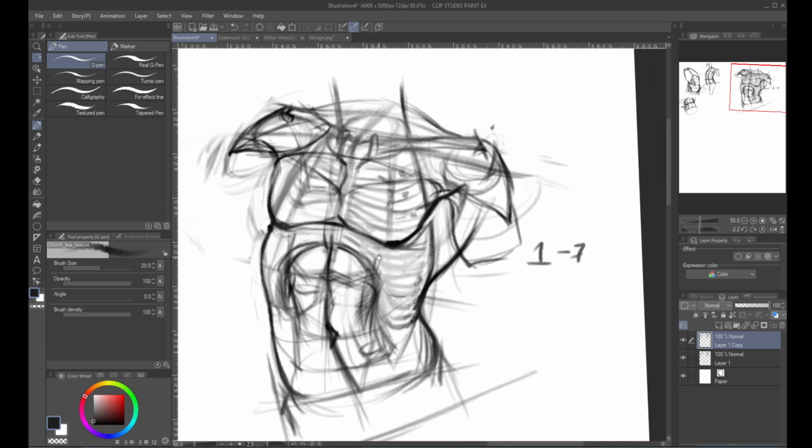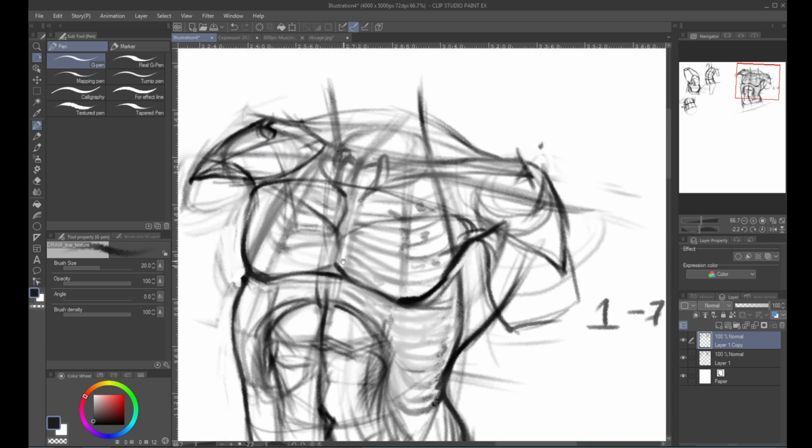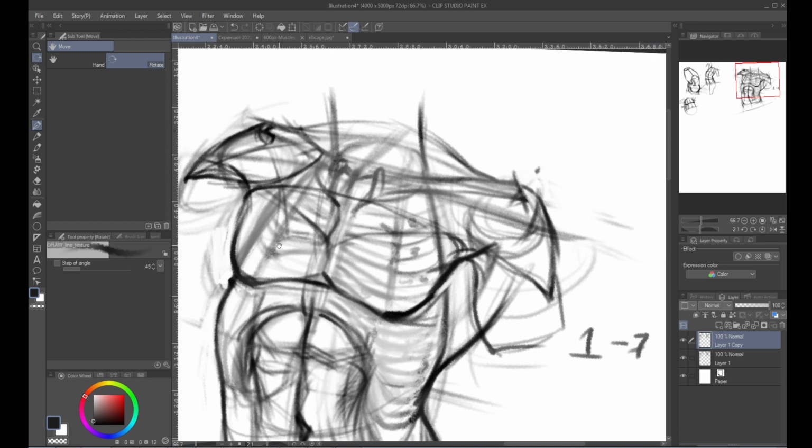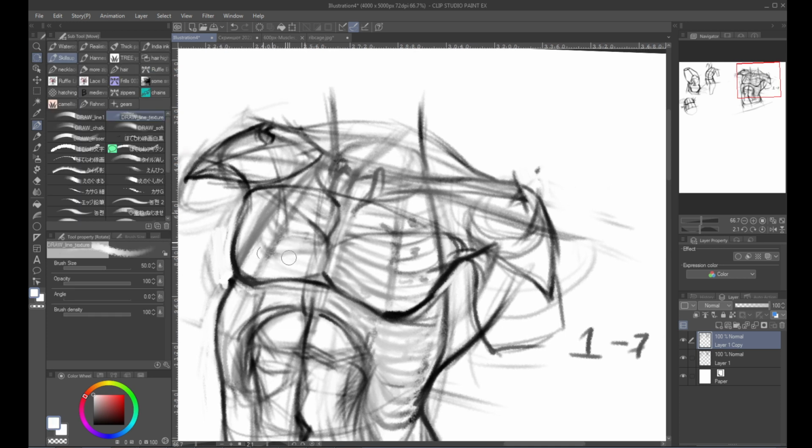So already we have this figure that is almost like a person, right?